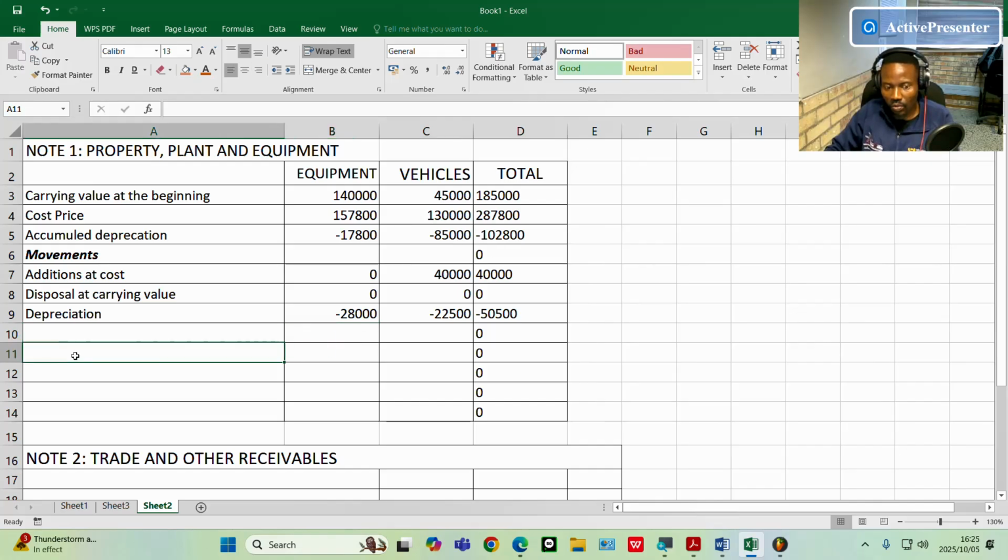So now to get carrying value at the end of the year, it's no longer beginning, it's the end.